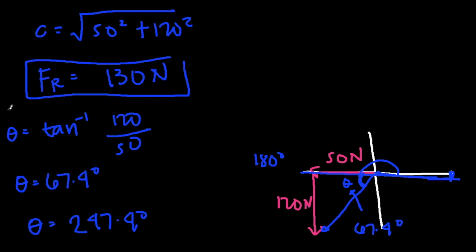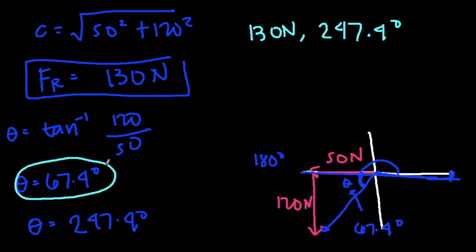Okay, so your final answer should be reported as 130 newtons, 247.4 degrees. But if you want to use the reference angle, which is 67.4, it should lie on the third quadrant, so you should put south of west.